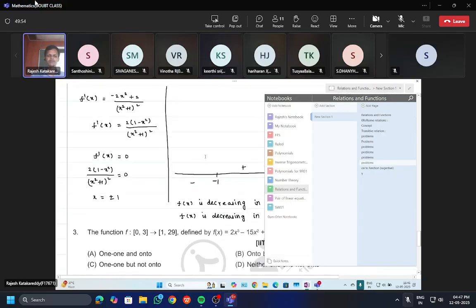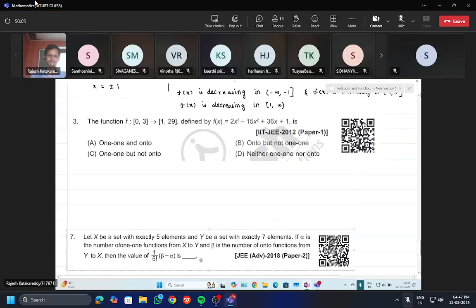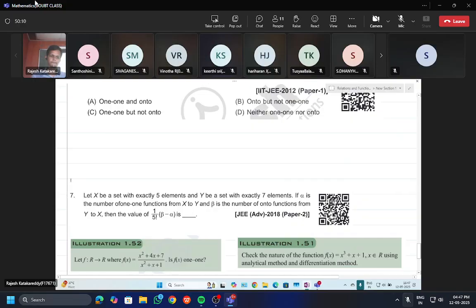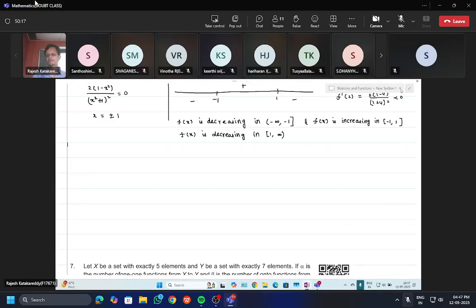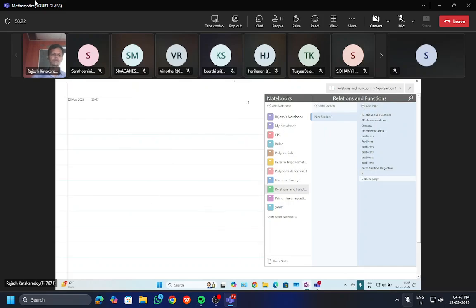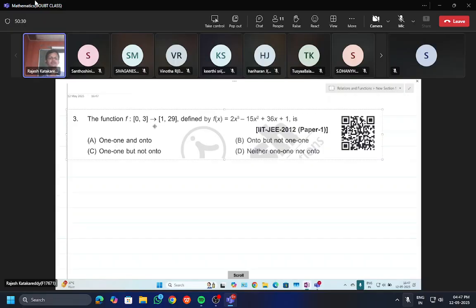So this is the next problem. Here they have given the domain and codomain.